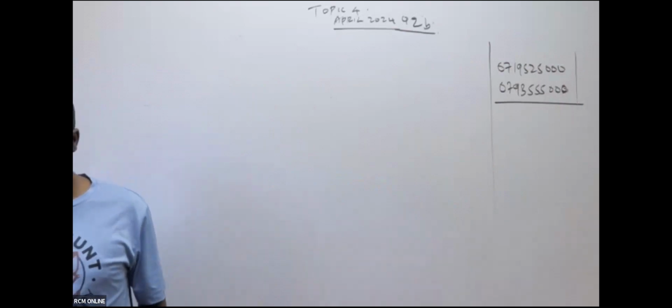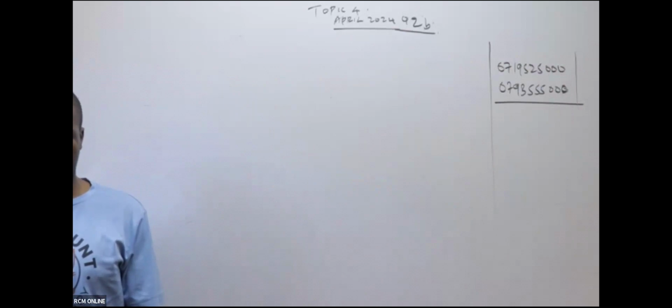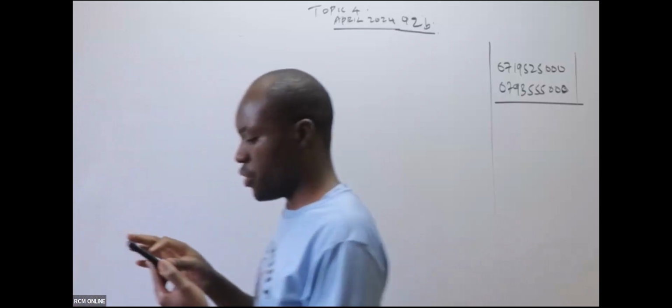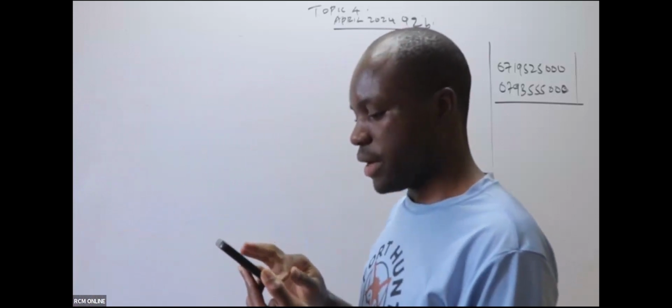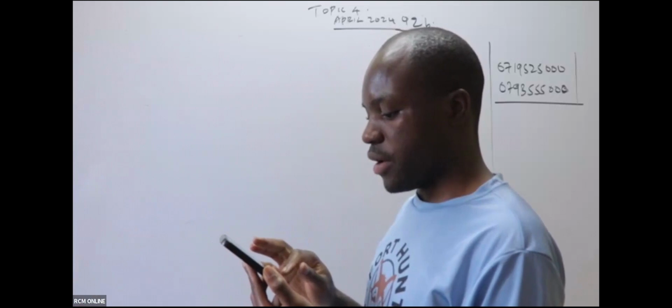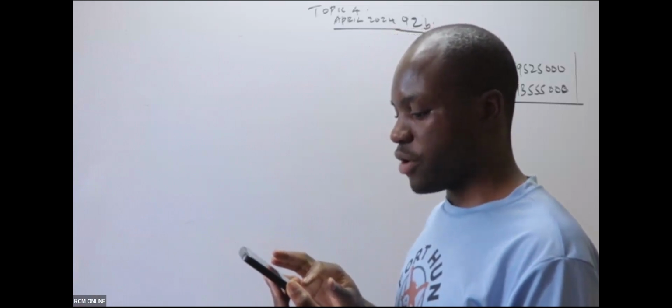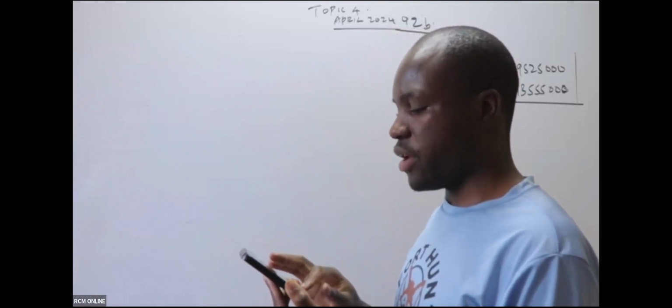And of course, we have to move with speed and look at that April sitting, April 2024 question number 2b. So the first part, they want us to calculate the required primary allocation of production overhead costs to the three departments.